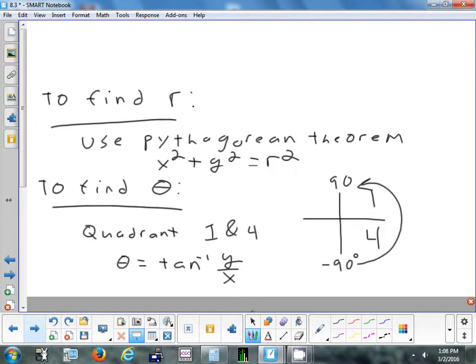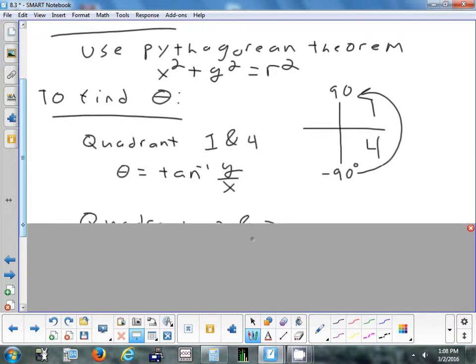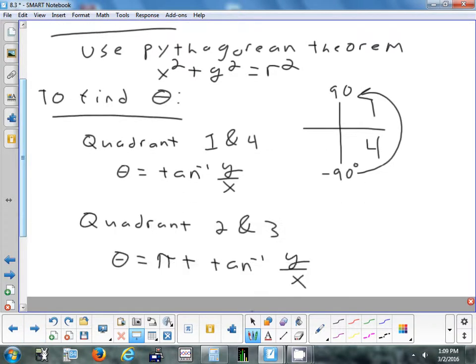Now, when we're working with angles in quadrants 2 and 3, does anybody remember what number seems to come up? Sometimes it's this number minus our reference angle or this number plus our reference angle. 180. Right? So if we want to get an answer in quadrants 2 and 3, it involves a 180, or pi if you're in radians. You have to do inverse tangent, but then add 180 to it.